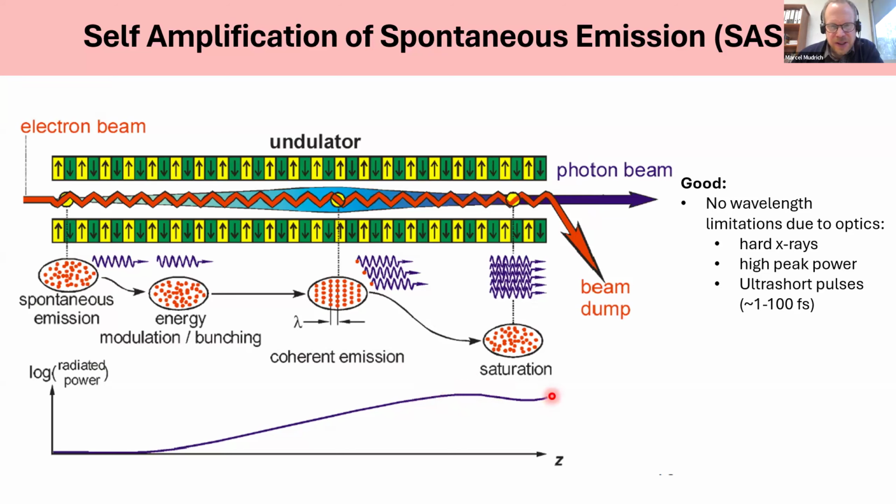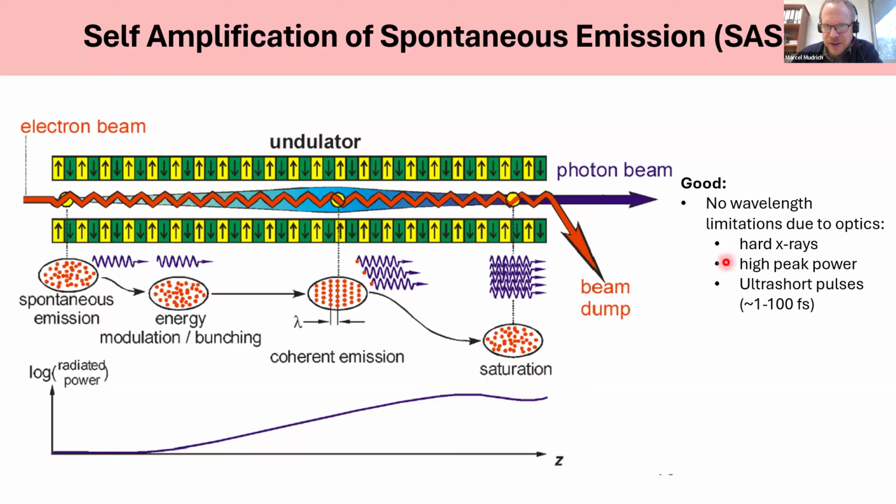Then it can stay constant or drop again, or there can be some oscillatory behavior. You will also see how the different experimental parameters control the buildup of the SASE radiation and what is happening later on.